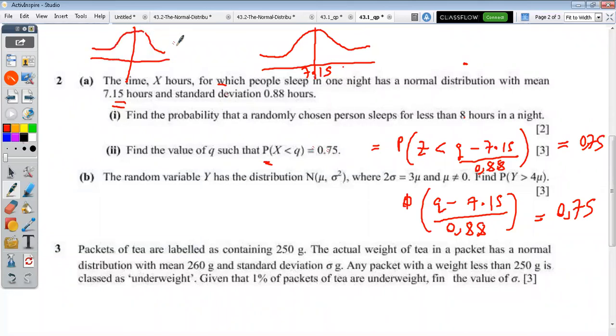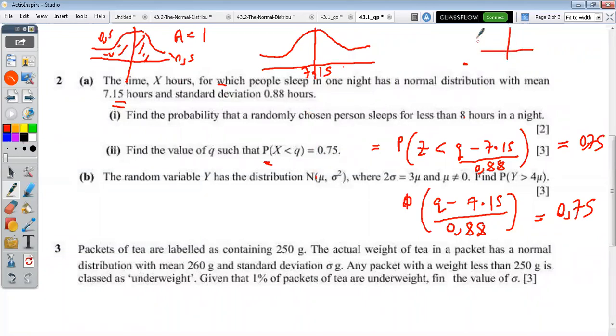I said the area under the graph, that's what we said. This whole area under the graph is equal to 1. And this is half of it, 0.5, and this is the other half, another 0.5. So if I'm saying the probability of a certain number, let's explain something here so that we all agree.